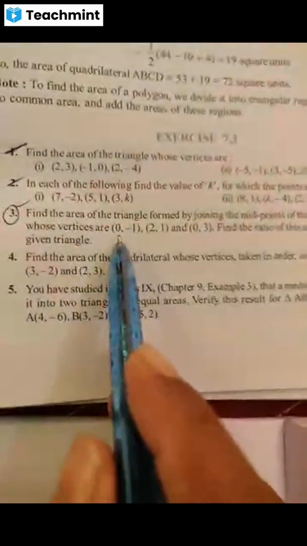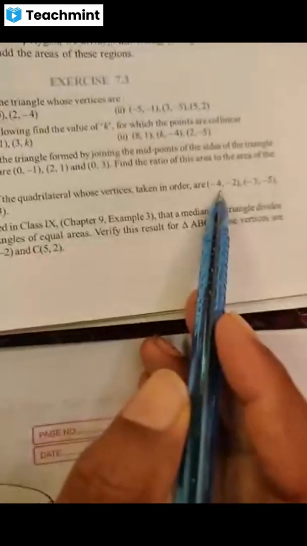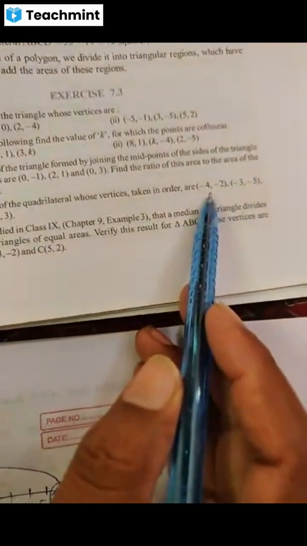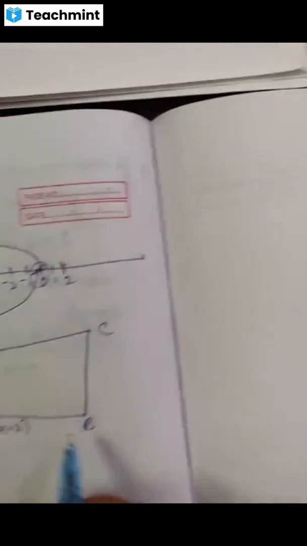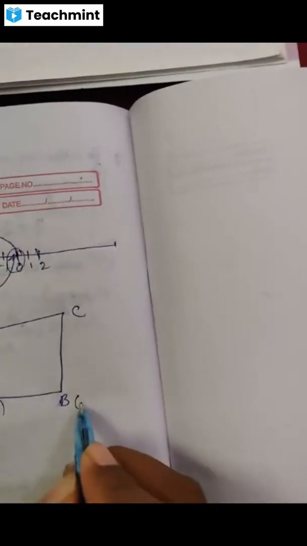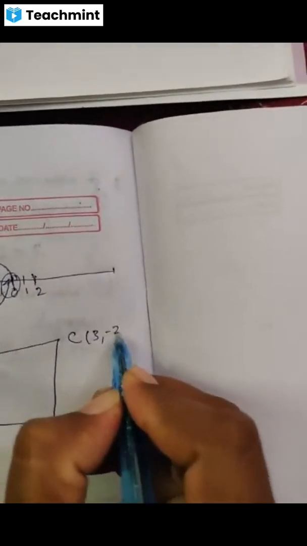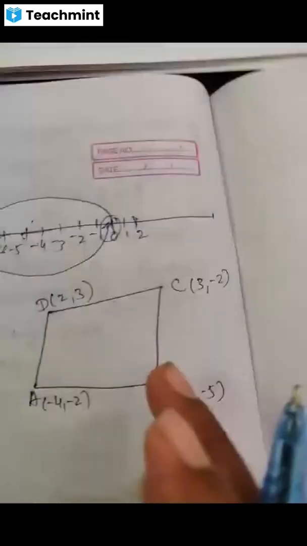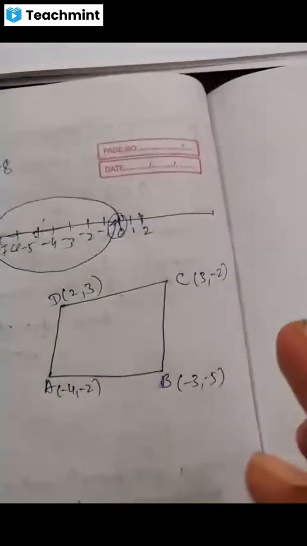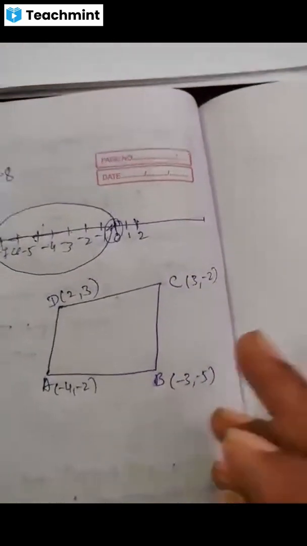For A, take the first coordinate point, that is (-4, -2). For B, take (-3, -5). For C, (3, -2). For D, (2, 3). After this we only have to use the area of triangle formula.